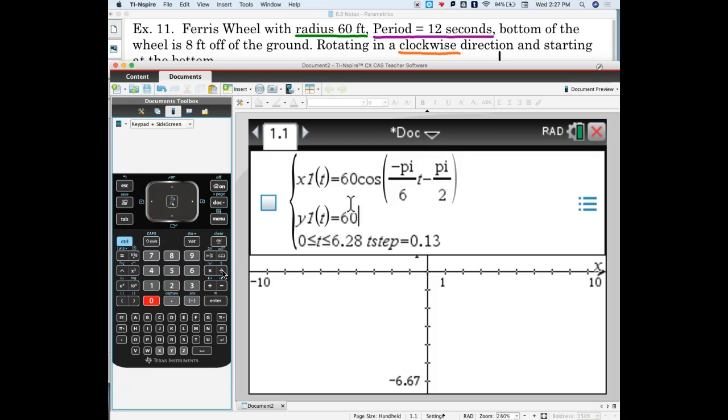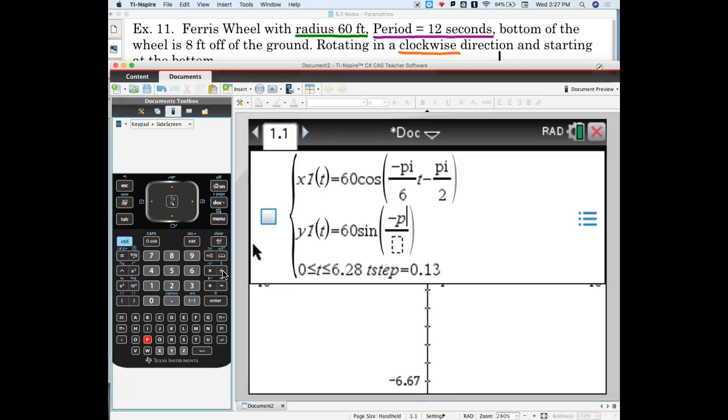And then we said it was 60 times the sine of the exact same insides, and then plus 68.